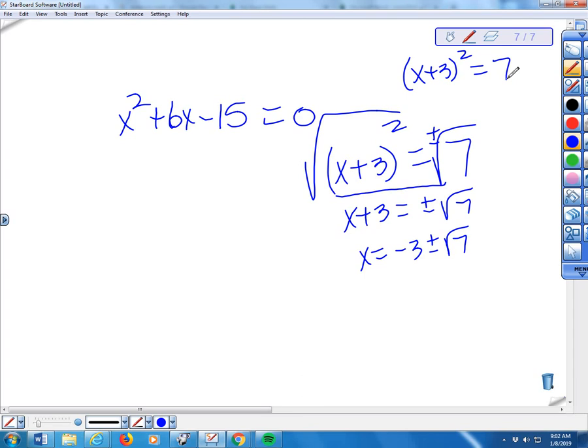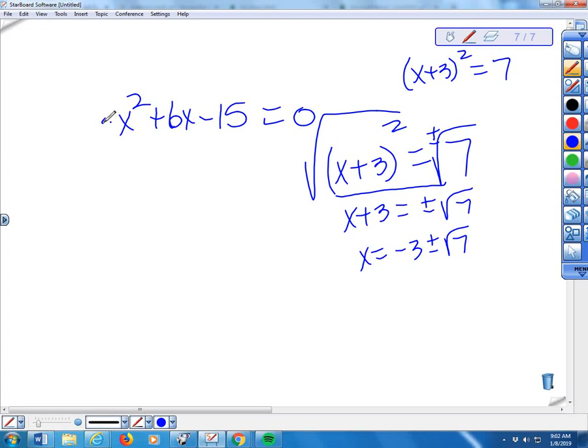So what I'm going to do is try and figure out how to create a perfect square binomial, because that's what this is, a perfect square binomial. If I can get a perfect square binomial on the left equal to some number on the right, I can then solve it because I know how to do that. But this is not anything I can do at this point until I get a perfect square binomial on the left. And to do that, we have to do a process called completing the square.